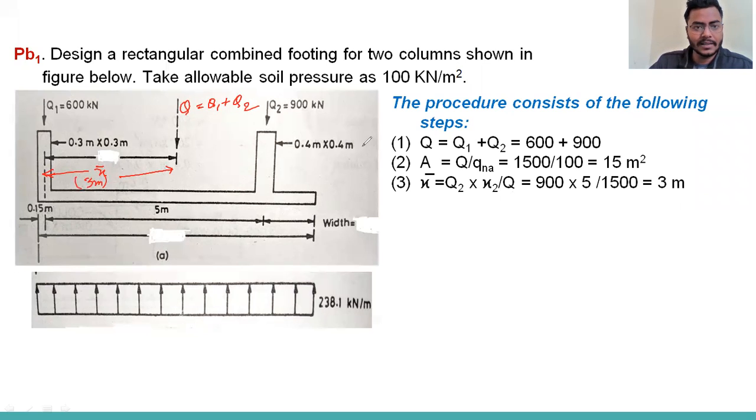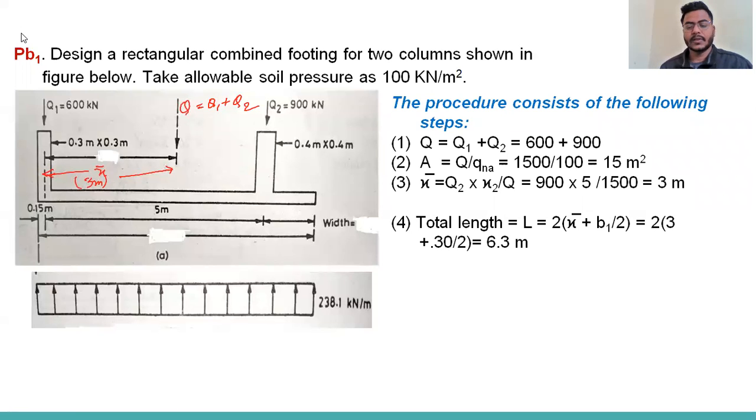Next we can calculate the total length. Total length is 2 into X bar plus B1 by 2. Here B1 is 0.3 and X bar, which we calculated in the previous step, is 3 meter. By doing this we get the total length, 6.3 meter.